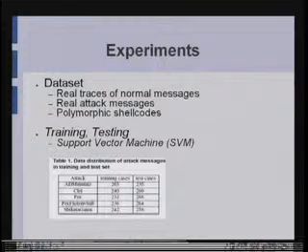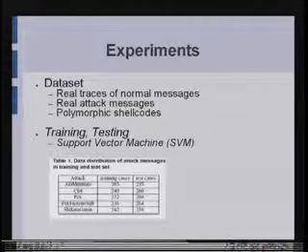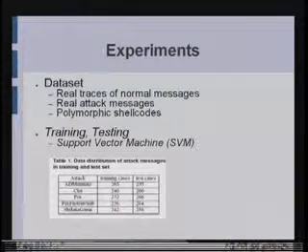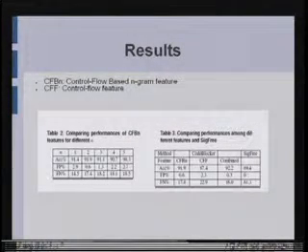I don't quite understand what my student meant by polymorphic shellcodes; based on reading the paper, it seems like just another type of data set. For training and testing, we used support vector machine with the DGSOT that we built in, slightly modified, which was published in an earlier paper. With the different data sets, we had so many training cases and so many test cases. Okay, so let's look at the results.